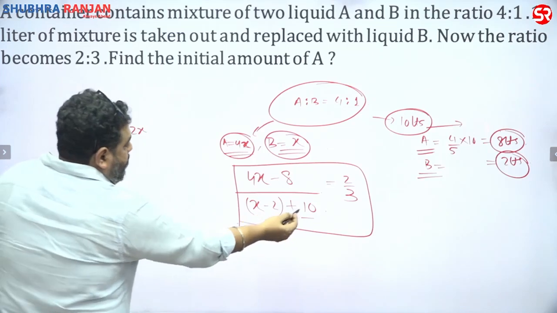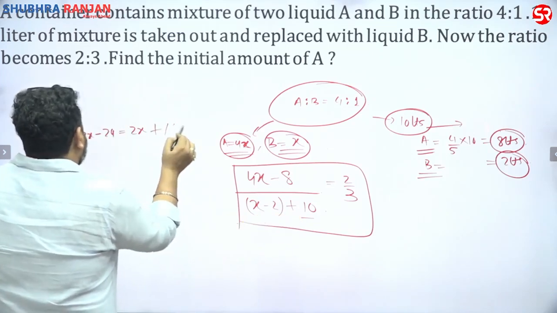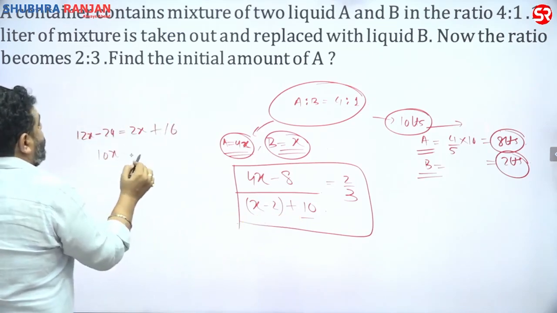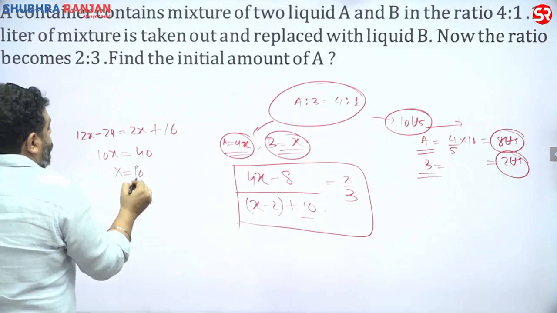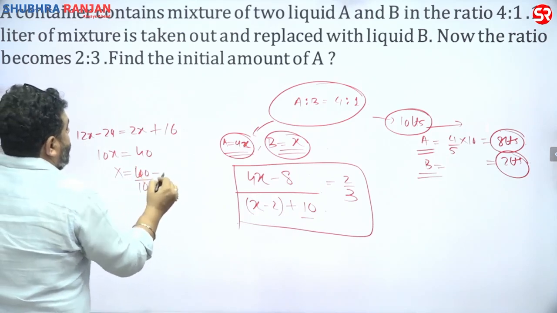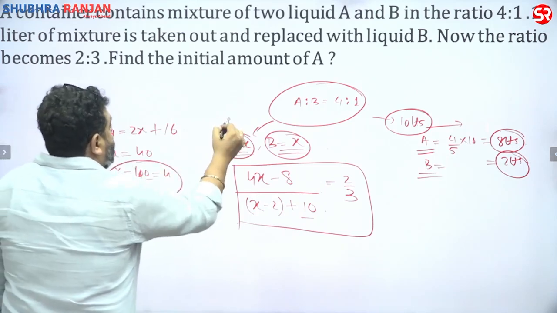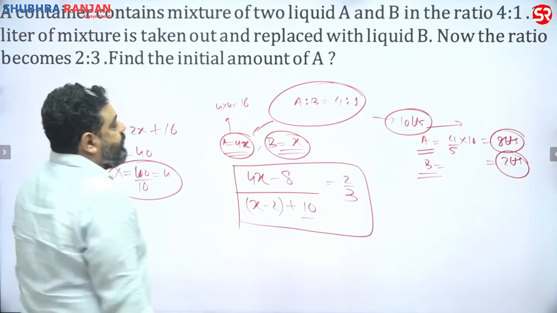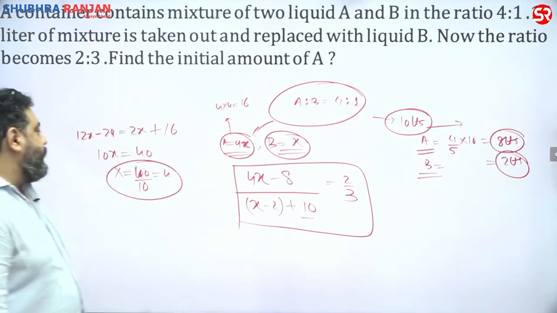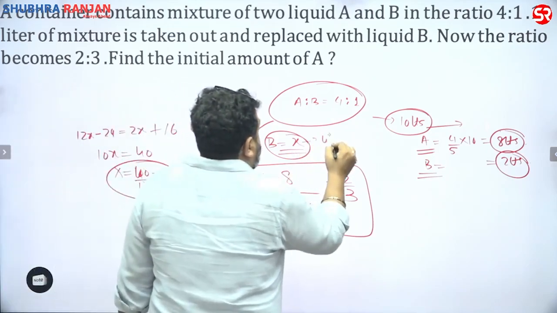And this is plus 8 plus 16. Right? 10x is equal to 40. x is equal to 40 by 10, which is equal to 4. So initially, how much was A? 4x, which is equal to 16 liters. How much was B? 4 liters.